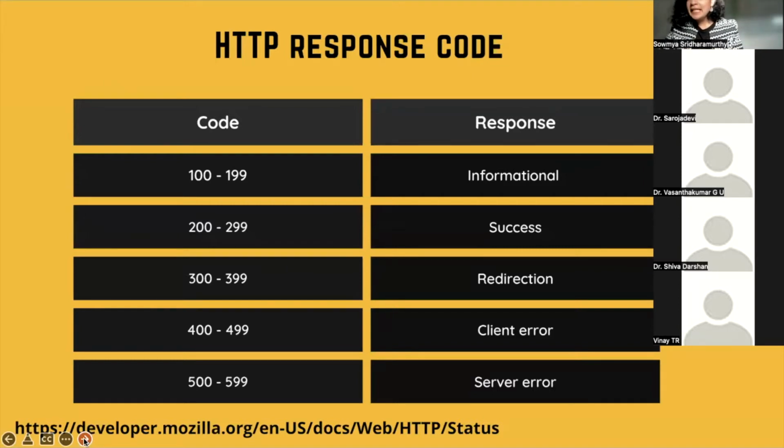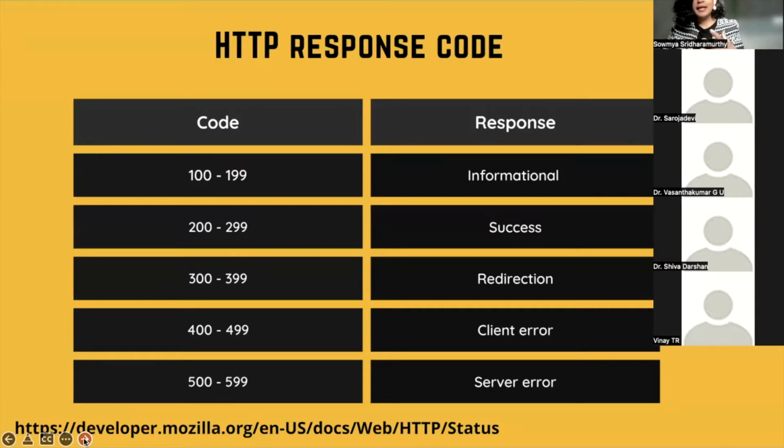If you want to create any response which is mostly an informational message, then you have to provide a code anything between 100 to 199. If the code starts with 1, it simply means you want to provide some information.